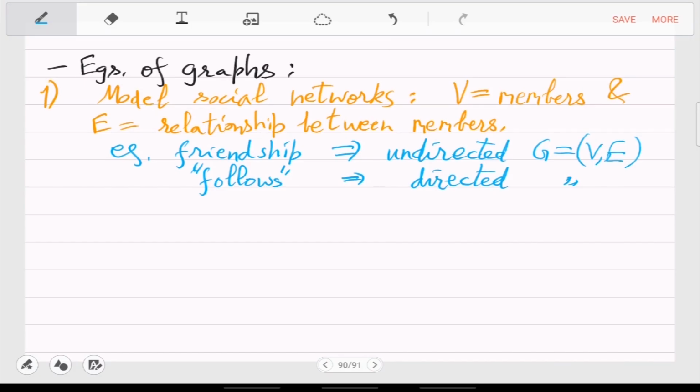But it can also be by seniority, who is more senior. Those things will again be directed. Is senior or older, then that also will give a directed graph.